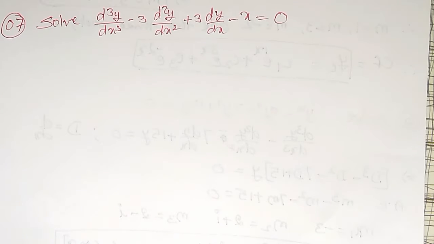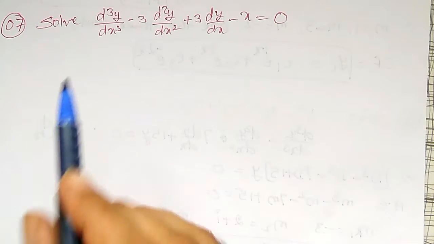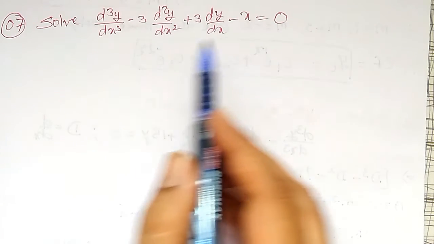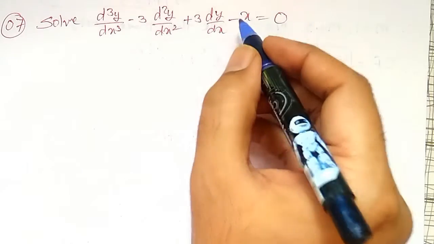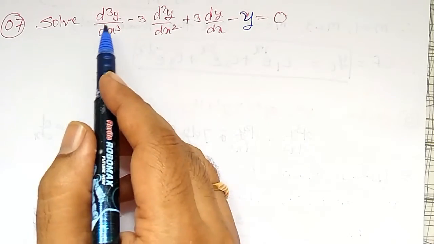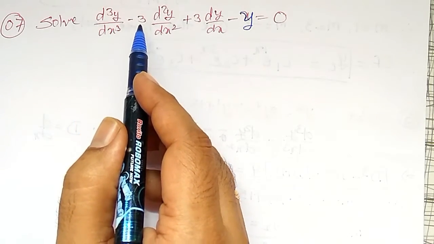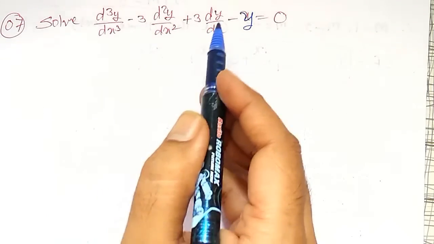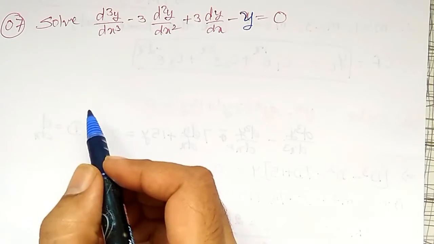In this video, I'm going to solve another example on differential equations of higher order with a homogeneous differential equation. Here, d cube y by dx cube minus 3 d square y by dx square plus 3 dy by dx minus y equal to 0.